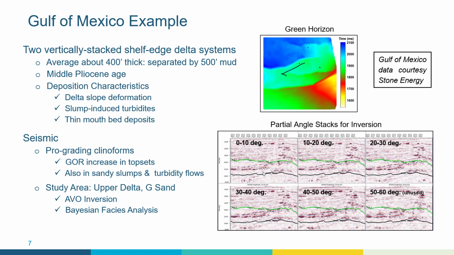In the seismic there, you see 6 partial stacks. We only used the first 5. We didn't have confidence in the last, so up to 50 degrees, not enough for density here. And you see the top of the reservoir in time structure there in the upper right, and lots of faulting obviously going on.